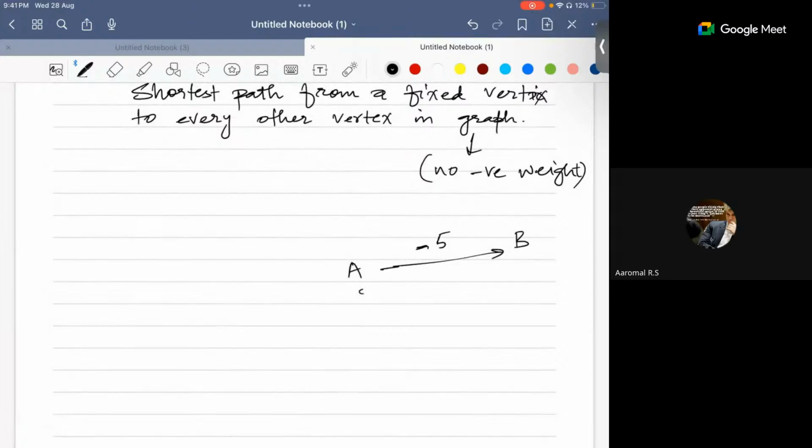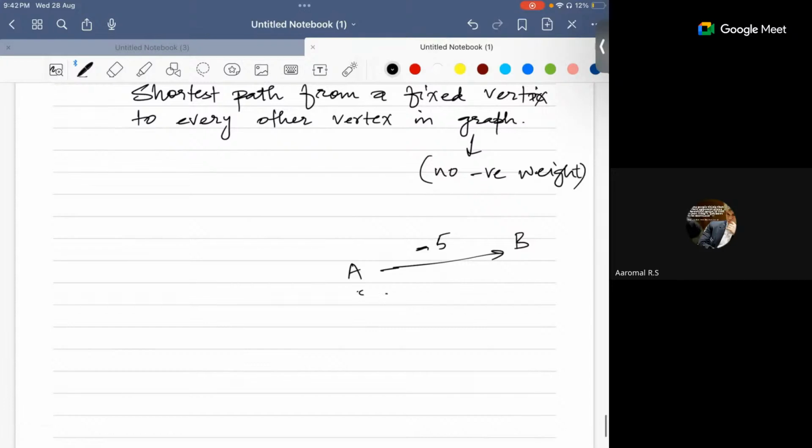Maybe there's some cab or auto driver moving from place A to place B, and he knows that if he moves from A to B, he can't come back from B to A, because it'll cost more; whatever he's earning, the petrol cost will be more than that. So you can think of it as, if he's going from A to B, it is costing in a negative way, so he's just losing 5 rupees. So you can think of this as a negative weight.